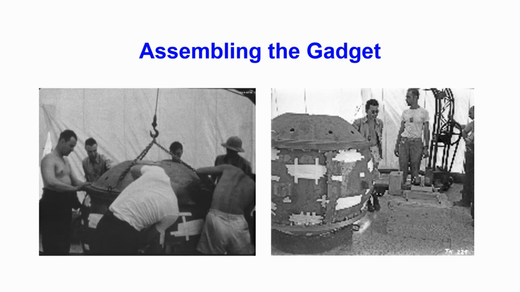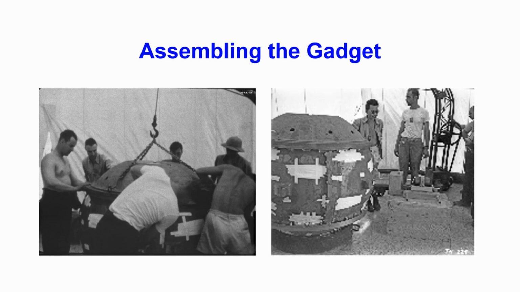Then, under a lot of pressure from Groves, because they wanted to get the test underway, even though there was a lot of pushback by the scientists, they began to assemble the gadget.